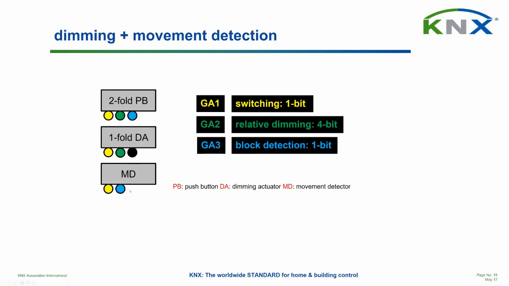We could find ourselves in a situation where we don't want the movement detector to influence the lamp and switch it on. So we need something that blocks the detection, and therefore we need this third group address, again divided over the push button and the movement detector.